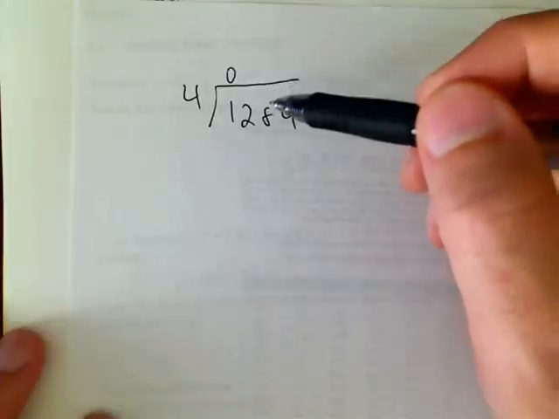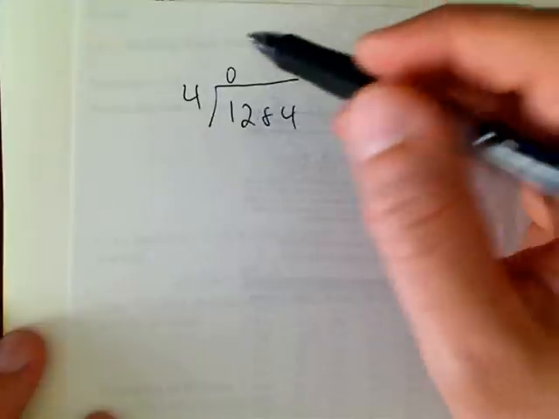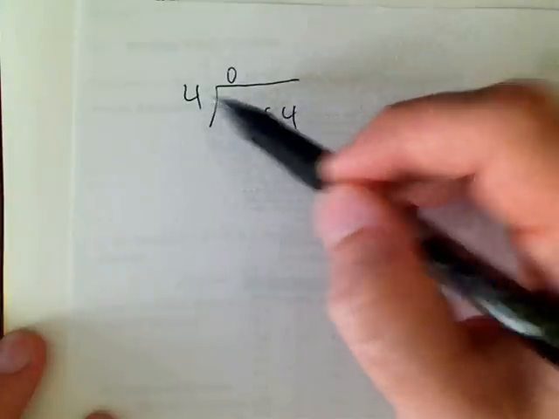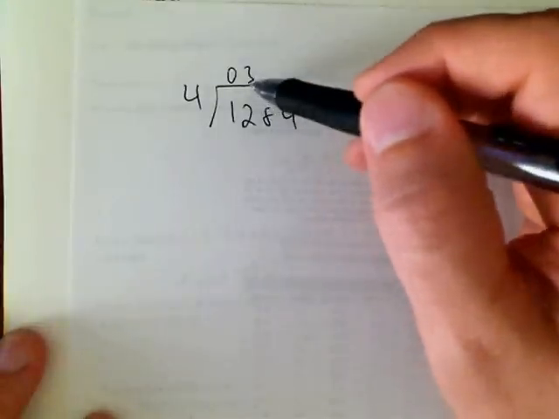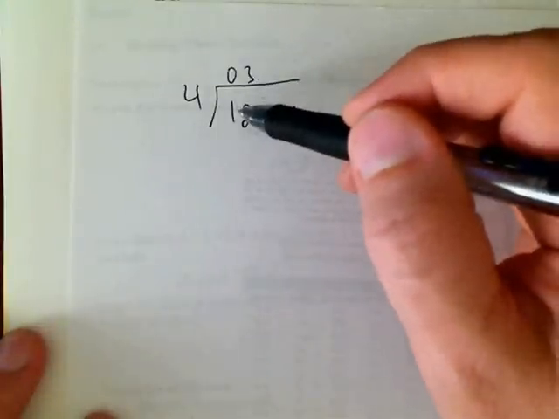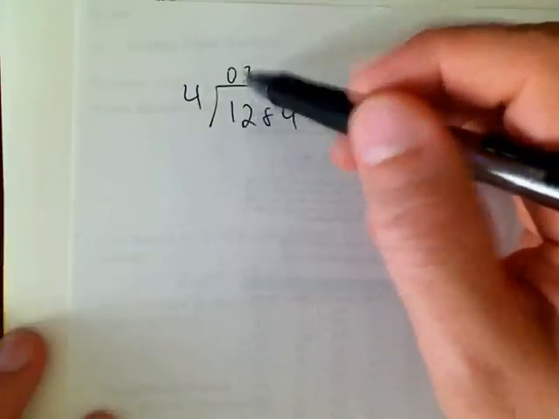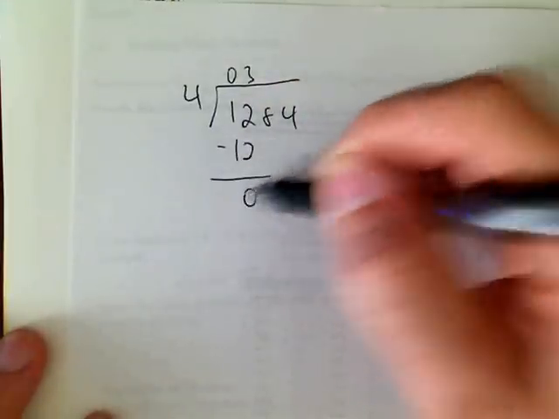It's more than acceptable. 4 times 12, however, is probably the way most people were taught. 4 won't go into 1, but 4 will go into 12 3 times. And the advantage of putting a 0 there is so you'll know where the 3 goes. It always goes above the last digit of the number you were dividing into. So 3 times 4 is 12. You multiply back through, subtract, and we get 0.